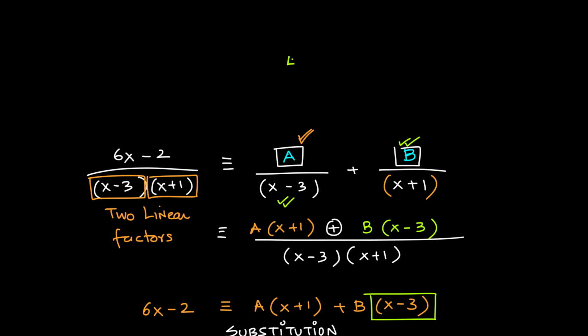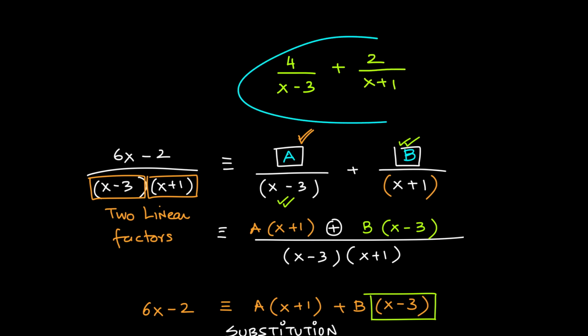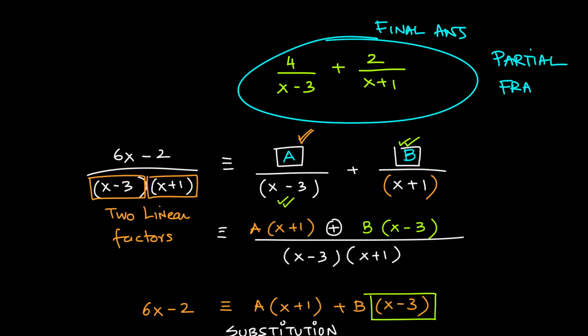So therefore the final answer is 4 over (x - 3). The value of B came out to be 2 over (x + 1). This is the final answer. These are the partial fractions for which the whole working was done. So that is the first example to solve a question related to partial fractions.